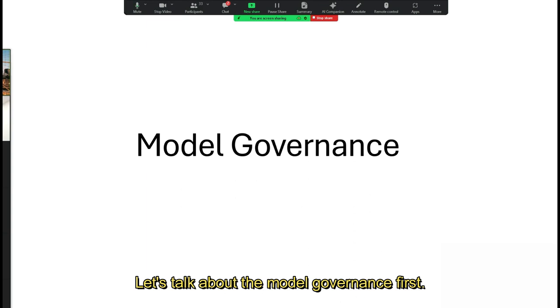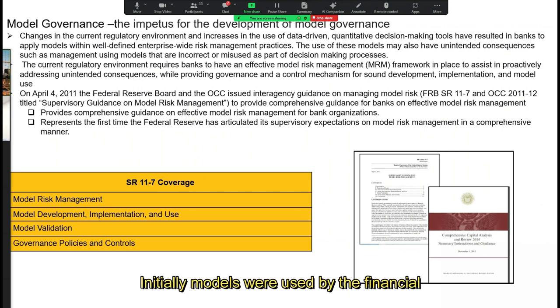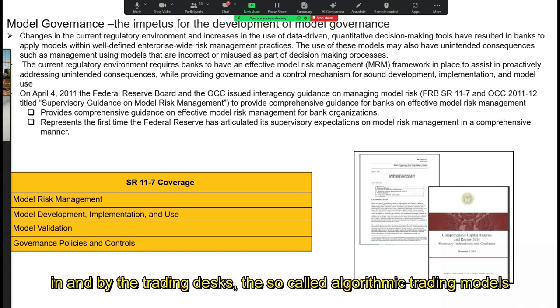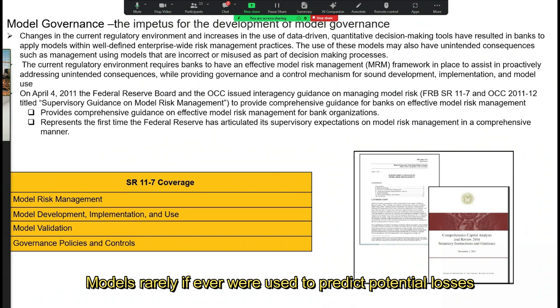Let's talk about model governance first. Initially, models were used by financial institutions primarily and almost exclusively in and by the trading desks, the so-called algorithmic trading models. Models rarely, if ever, were used to predict potential losses.